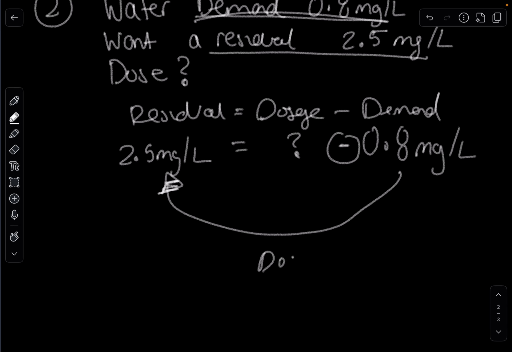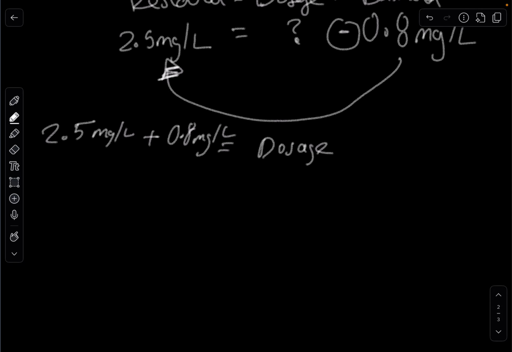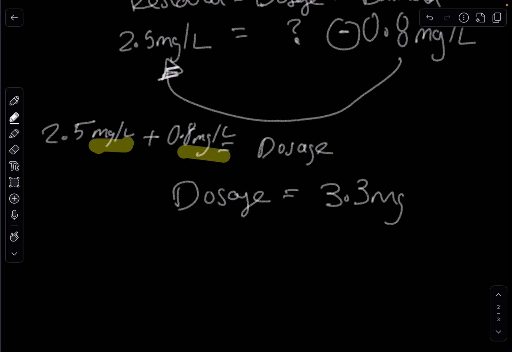So that dosage is now equal to 2.5 milligrams per liter plus 0.8 milligrams per liter. Again, before I do anything, I check that my units are the same, and they are, which makes my life easy. So I simply add 2.5 plus 0.8, and I get my dosage is 3.3 milligrams per liter. So we would feed 3.3 milligrams per liter of chlorine to reach that residual.